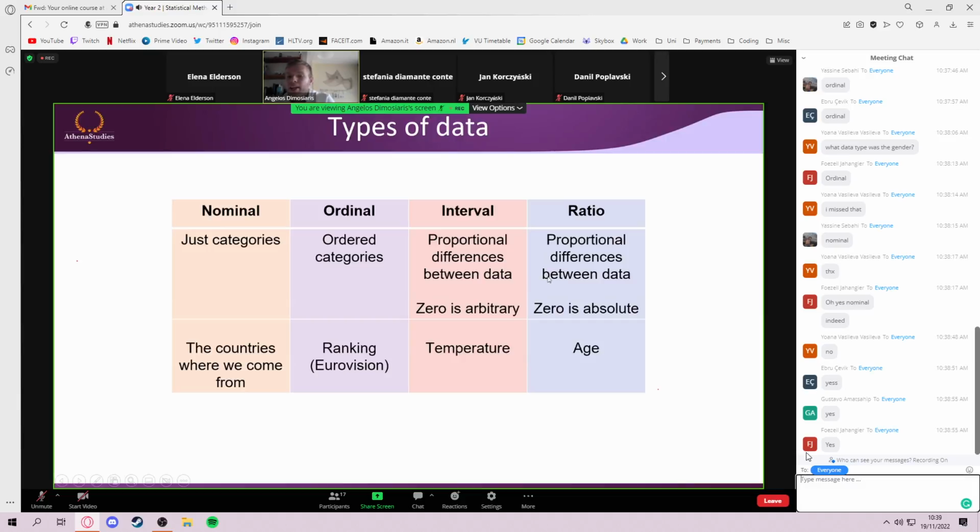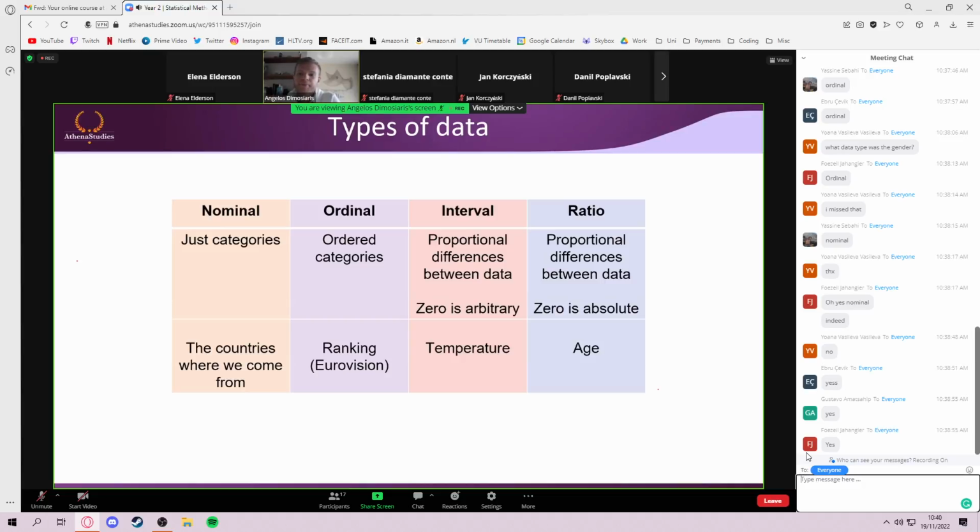So here we have numbers. I mean, in all the cases we have numbers. But the difference between the interval and the ratio is the zero. The proportional difference between data is exactly the same thing. If you have an age of 27 and an age of 15, there's a difference of 12 years.